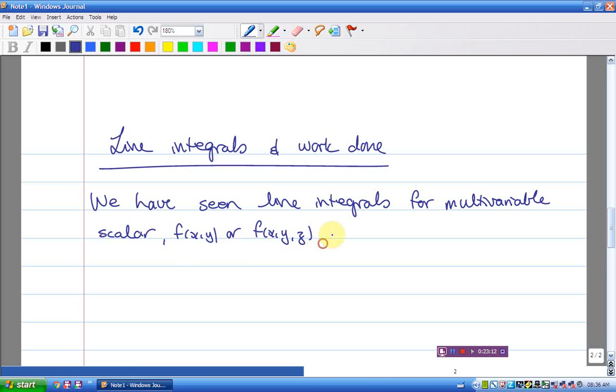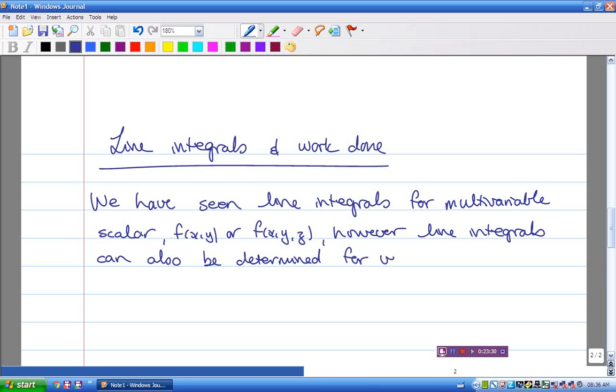Okay. However, line integrals can also be determined for vector valued functions.